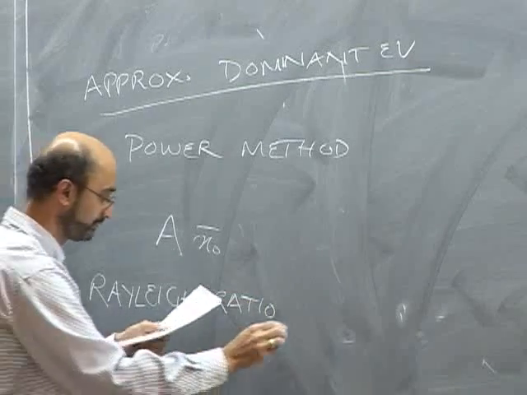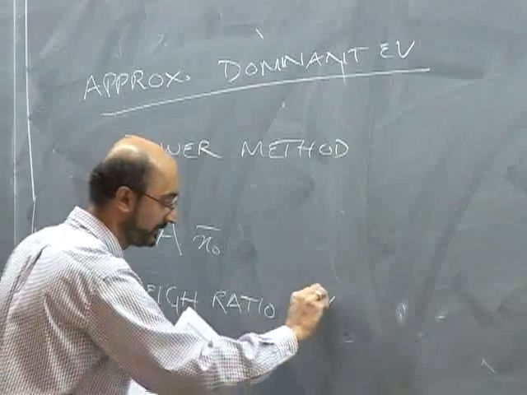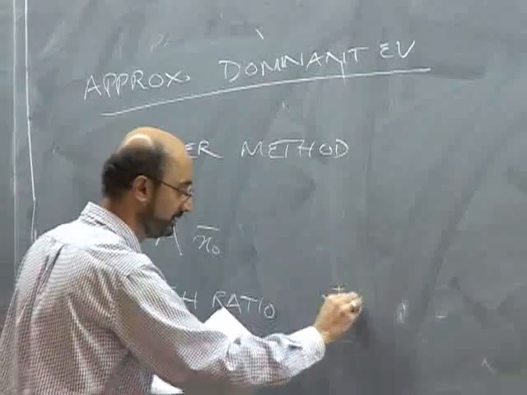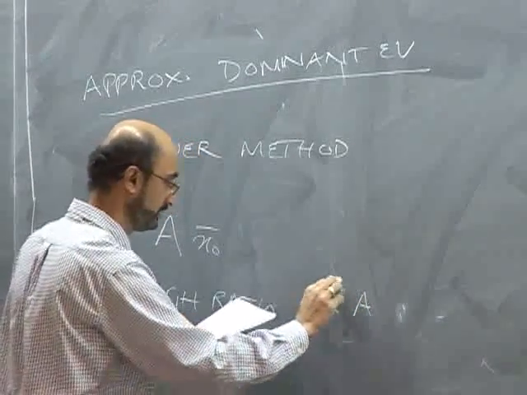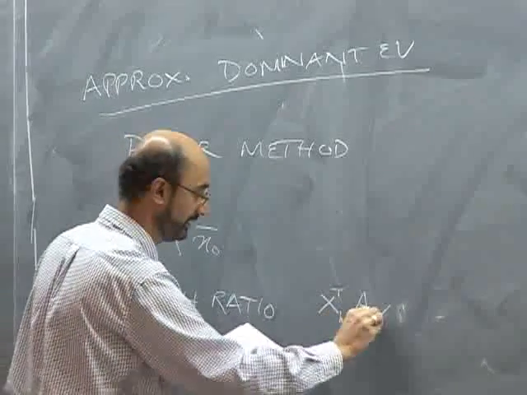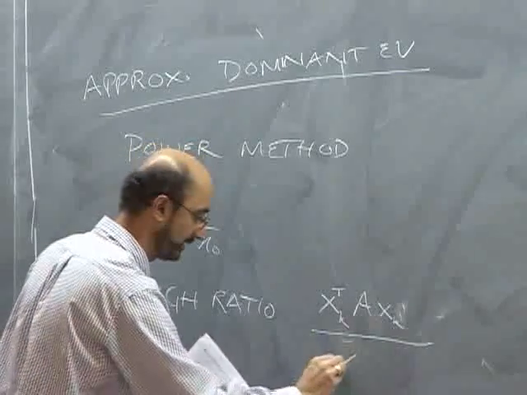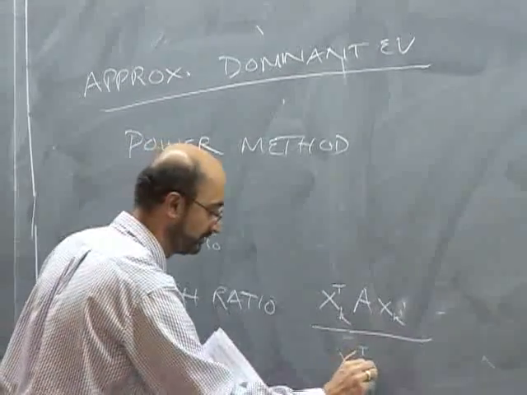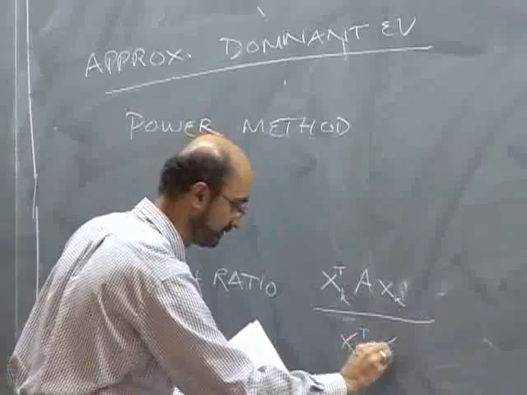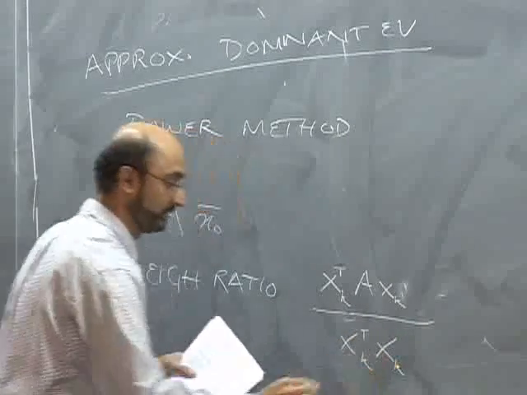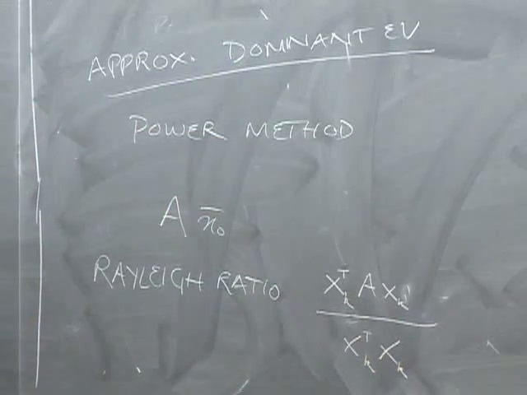The Rayleigh ratio is given by xk transpose A xk, I'm leaving out the bars over xk transpose.